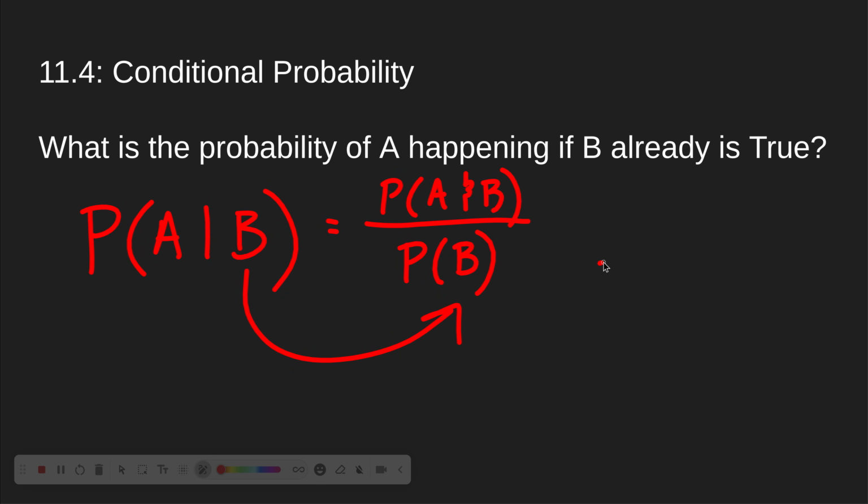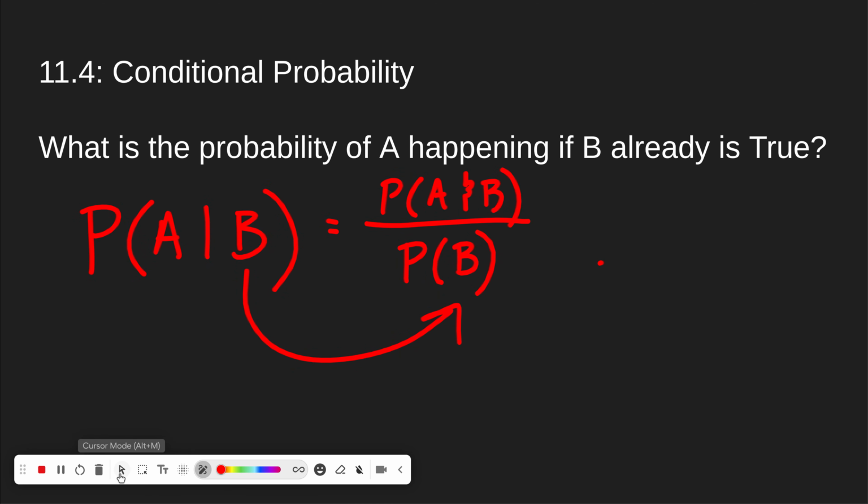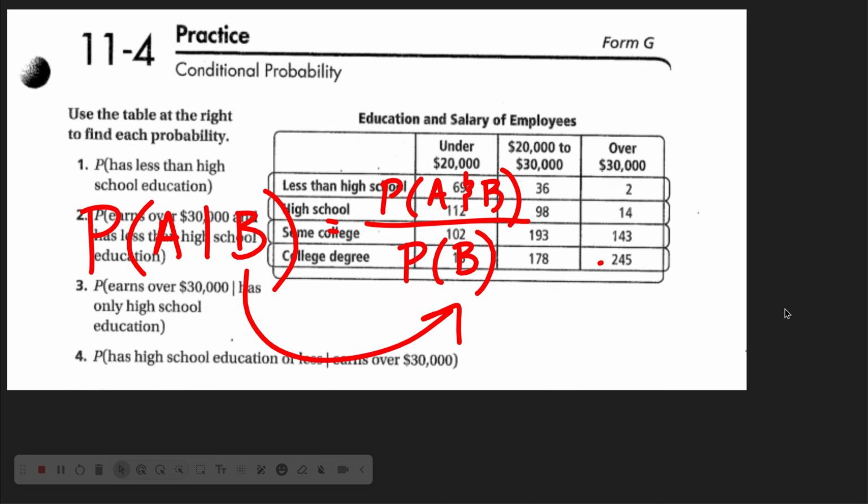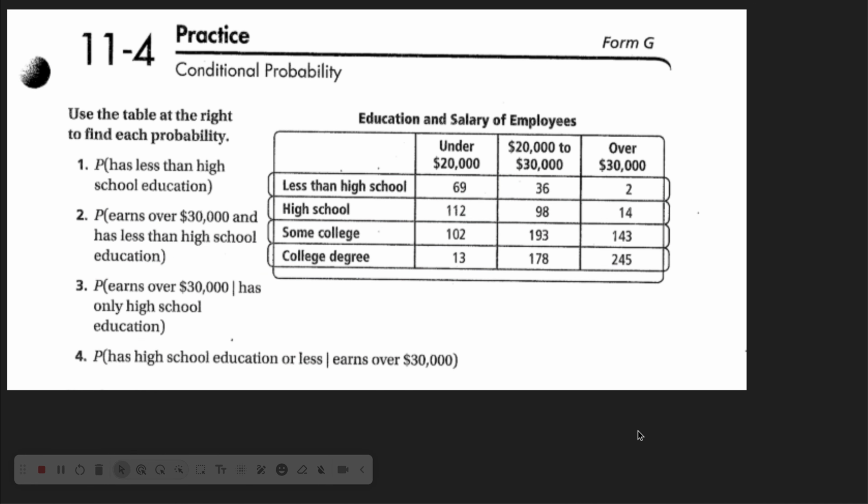But for now, I want to show you that many of these questions don't require an equation. When you come across a data table, what you want to do is add up the rows and columns. This will make these questions so much easier, and you won't have to use the equations. So you just want to add up how many people got less than a high school education.